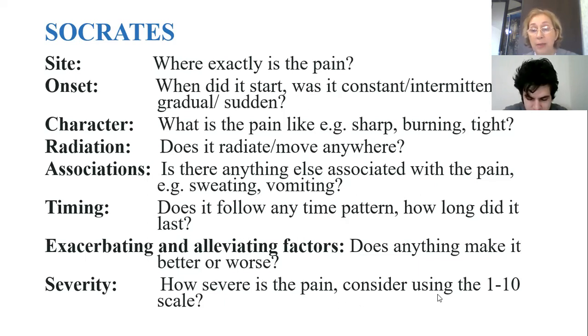And consider using the 1 to 10 scale. So this is just the meaning of the SOCRATES model. Anyway, you can find this presentation on the Moodle site, because I upload the presentations to the Moodle.